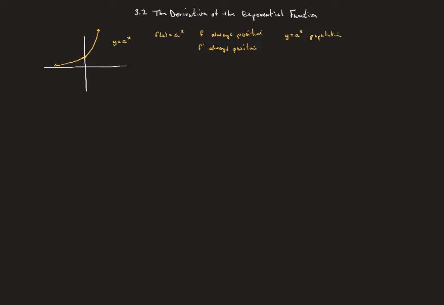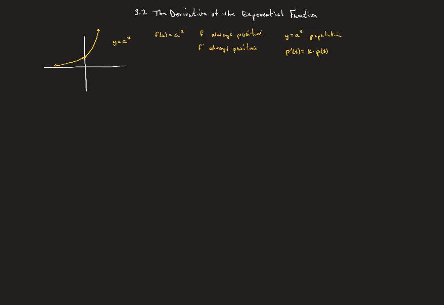One of the reasons for that is that the rate of change of a population is proportional to the population. That is, the rate of change, which we would call the derivative of that population, is proportional to the population we had right there. And that, in fact, is true.